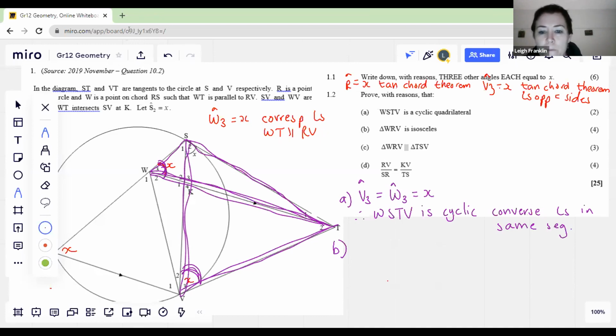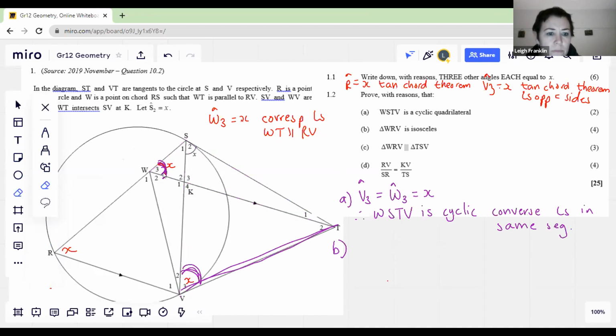Thanks for your responses. Okay, so now they want us to prove that WRV is isosceles. So I'm just going to get rid of these horrible purple lines that I've drawn in here. Okay, so now that we've proved that this quad is cyclic, we can use the fact that it's cyclic if we need to, all right?